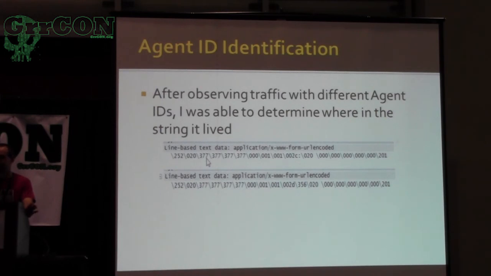How do I find the agent ID? As I started to watch the traffic some more and analyze different parts at the same pieces of time of the sync between different agent IDs, I noticed this. This request occurred at the same period of time in the sync as it was going through, and just these two parts are different.